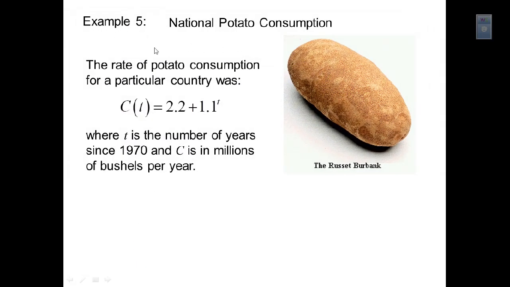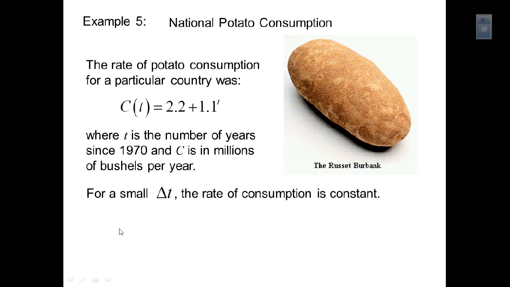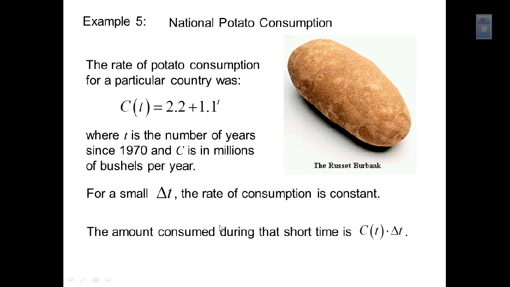Now, the same kind of deal we can use in real life situations. Let's say the potato consumption for a particular country was C of t equals 2.2 plus 1.1 t. This is a base level, and this is the growth level, where t is the number of years since 1970, and C is in millions of bushels per year. So for a small delta t, the rate of consumption is constant.